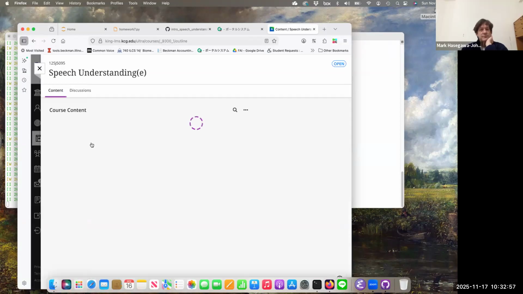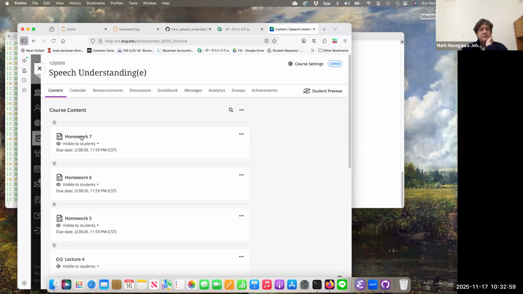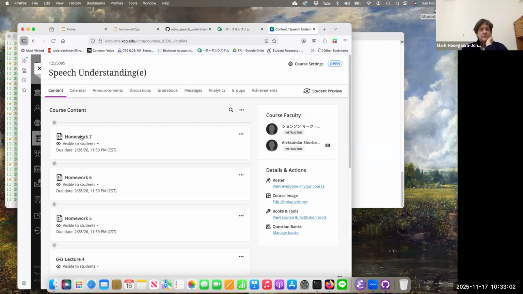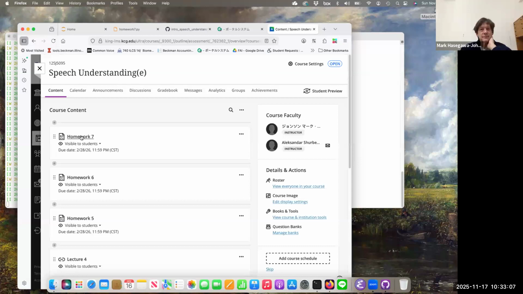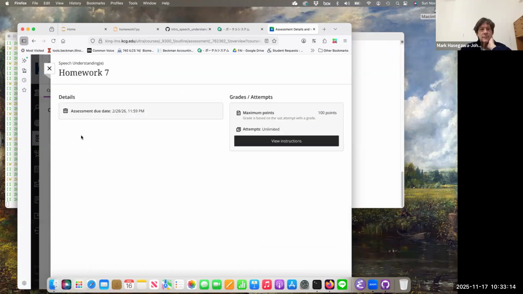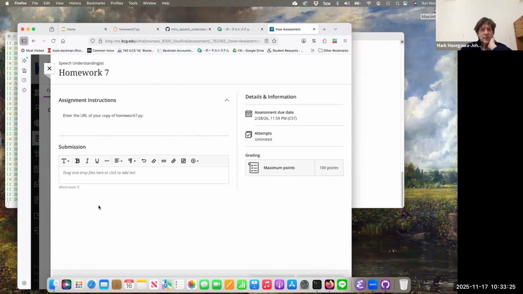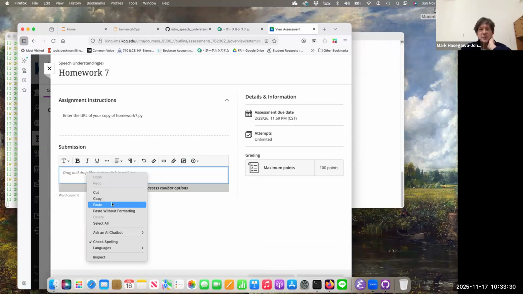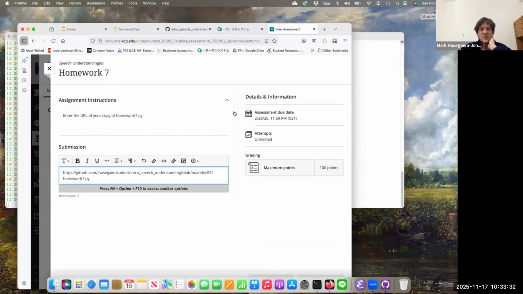Oh, there we go. Homework 7. There we go. Go ahead to homework 7 and enter the URL of your GitHub and then go ahead and submit, and you should be able to submit in that way.